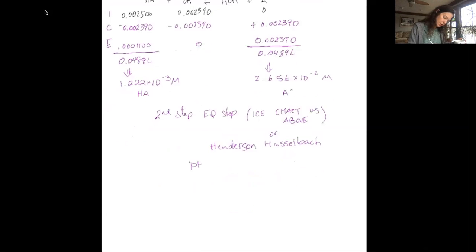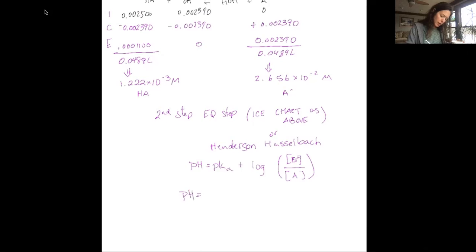It is pH equals pKa plus log of the concentration of the conjugate base over the concentration of the acid. And it even works if you just plug in the moles, but I don't do that.